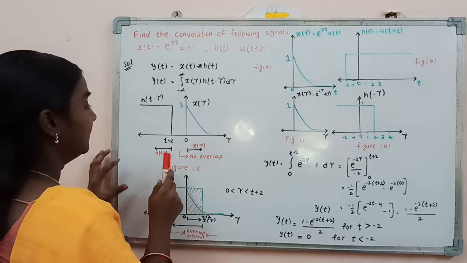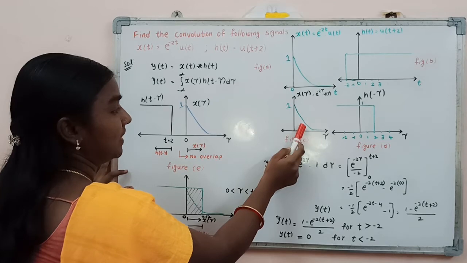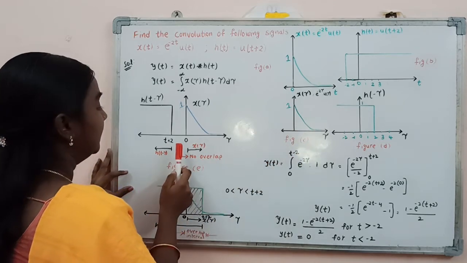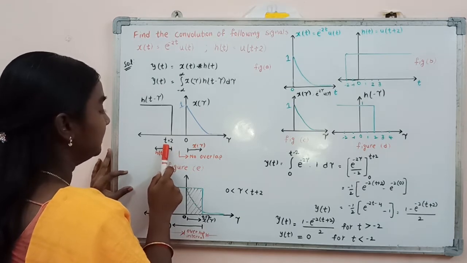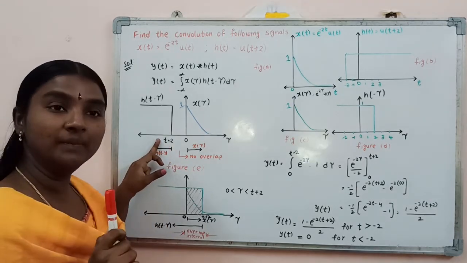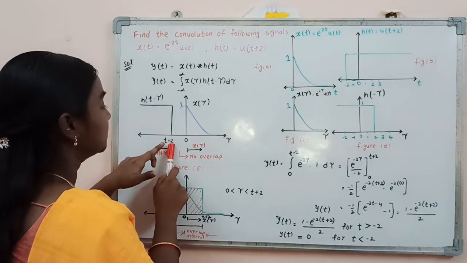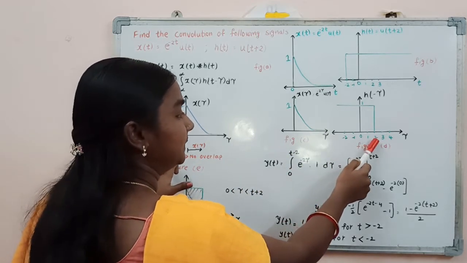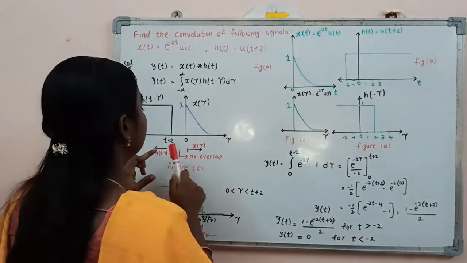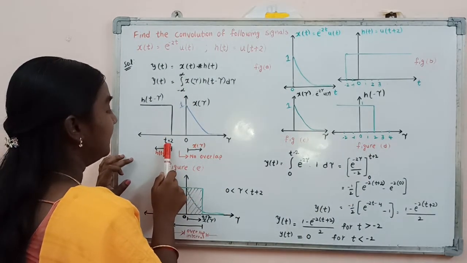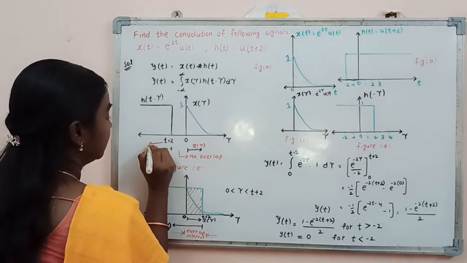So we draw x of tau as it is from figure C, and h of t minus tau with a large negative time shift, so it starts at a negative time instant. Here, the 2 represents the given signal h of minus tau starting at t plus 2, where t is a large negative number.